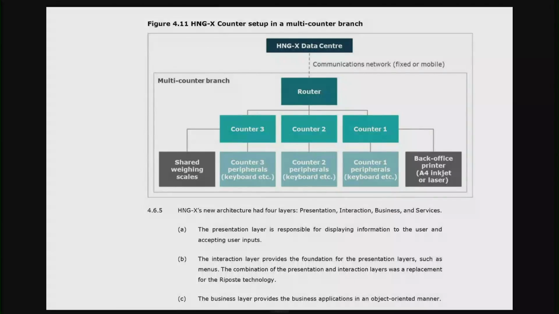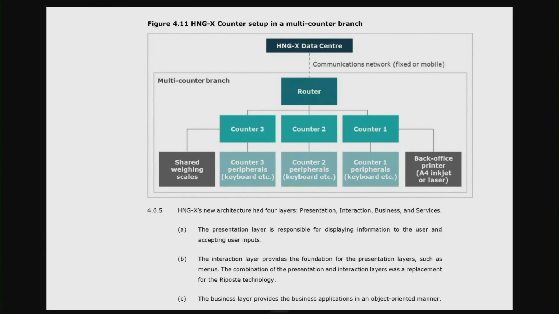At the figure towards the top of this page, at 4.11, you depict the counter setup in a multi-counter branch under Horizon Online. Is that right? Yes. Can you just talk us through that, please? Certainly.